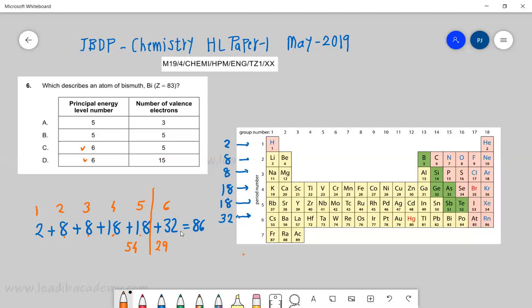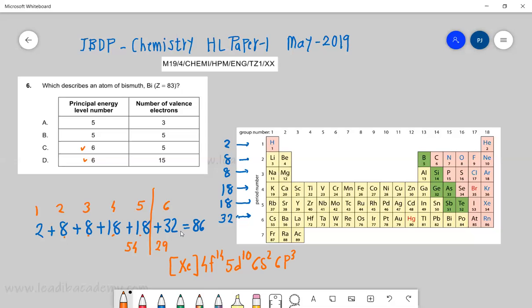If you do the electronic configuration, it is going to be xenon, then 4f14, 5d10, and then 6s2 6p3. You can use the Aufbau principle for this too, but this is the faster way.